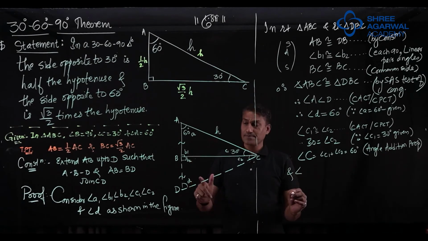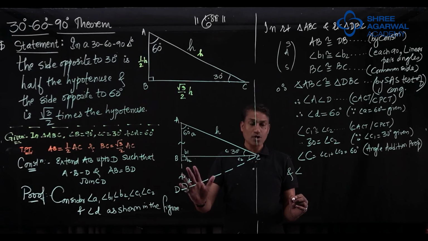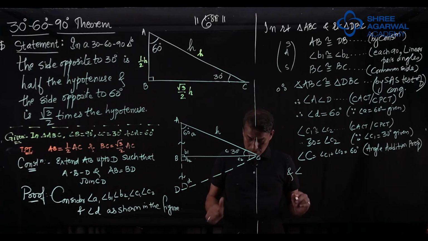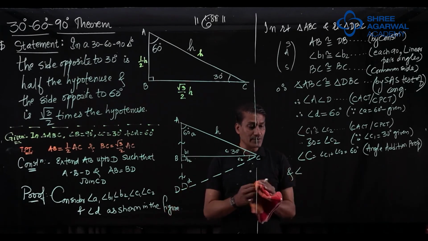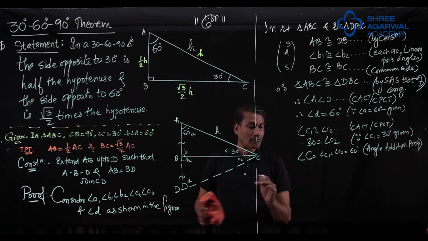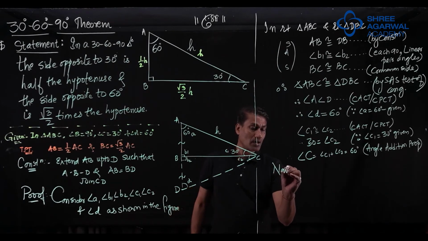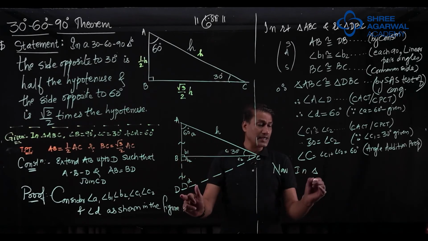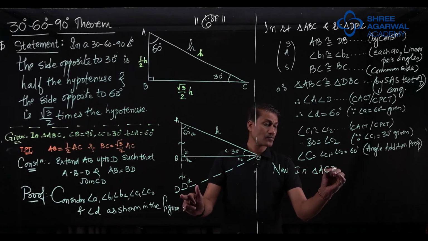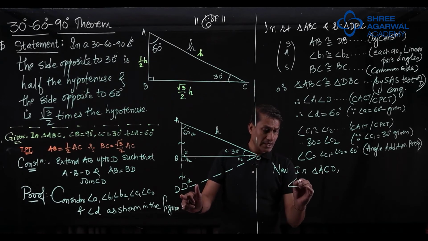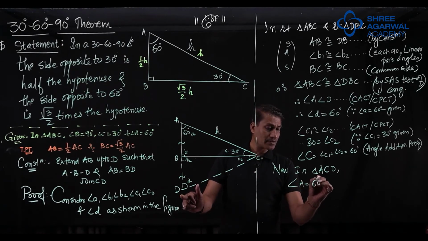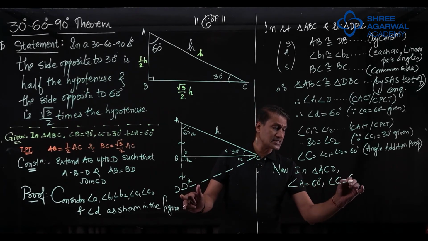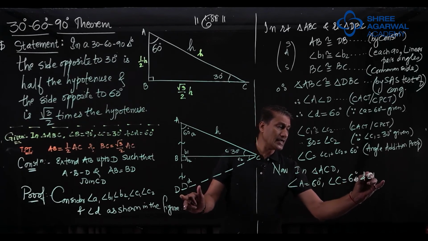Now, already angle D was written. Now in triangle ACD, angle A is 60, angle C is 60 and angle D is 60.